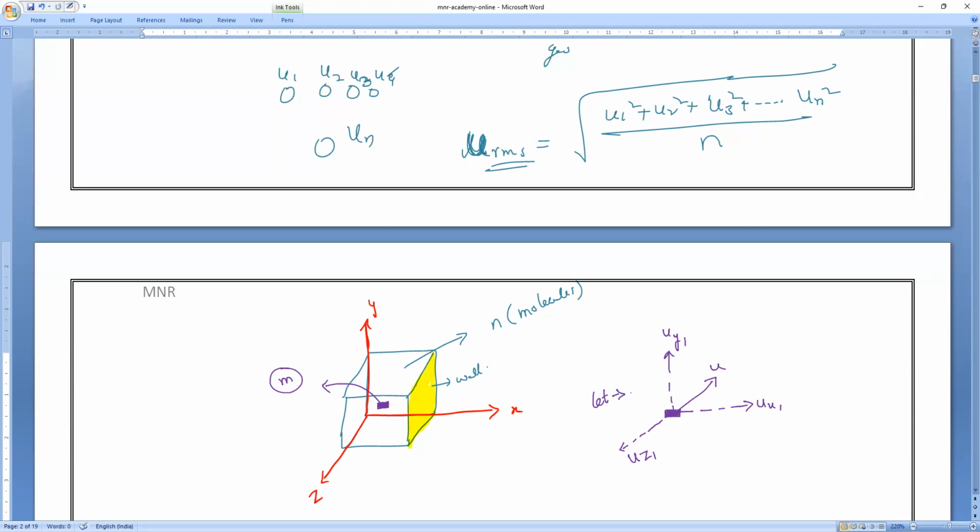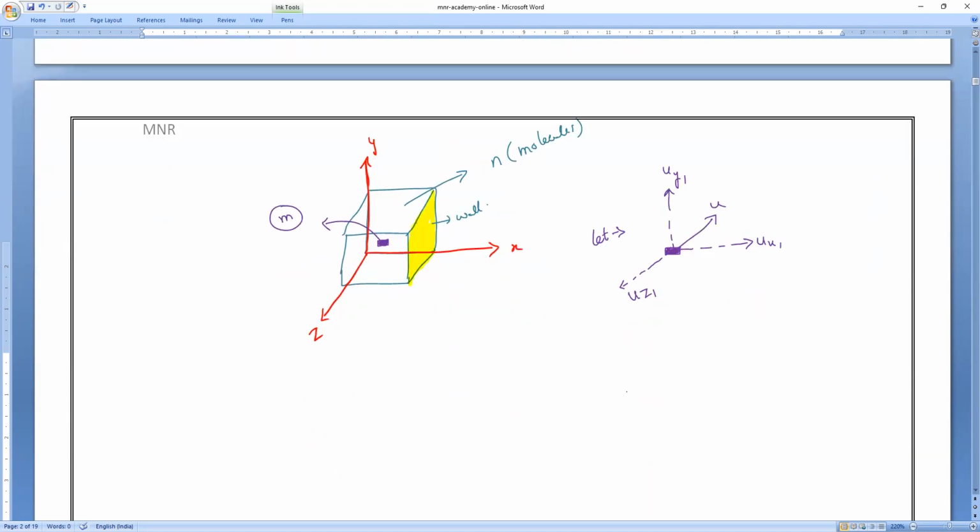Any doubt? Clear? We have many particles, which I assume as M1, M2, M3, M4, M5. All of you understand?